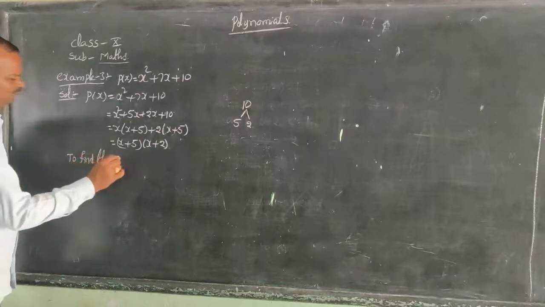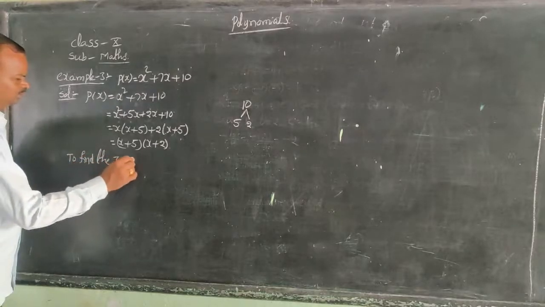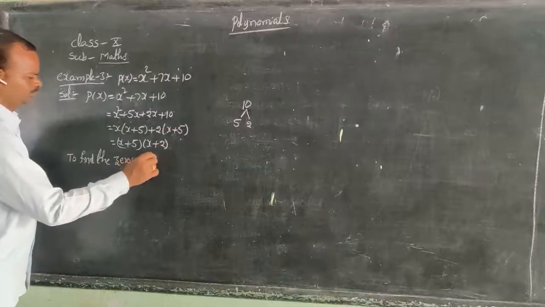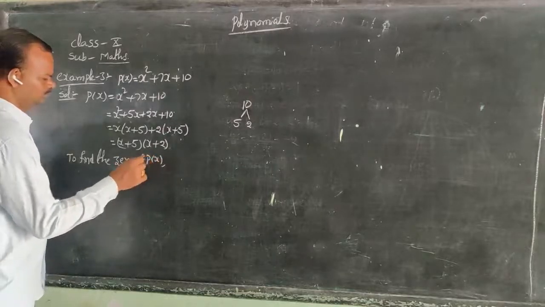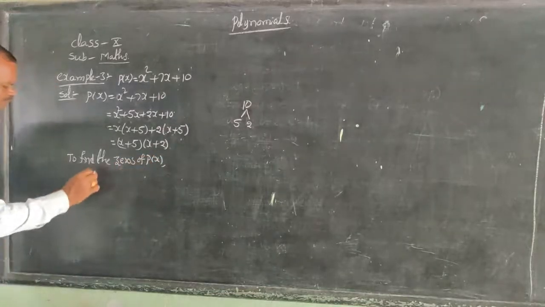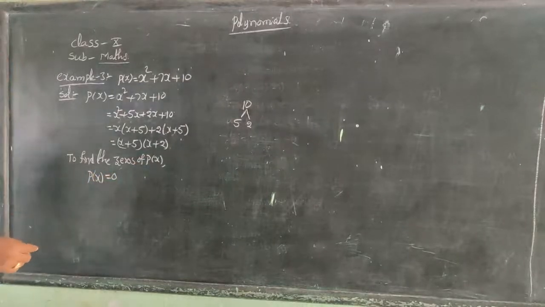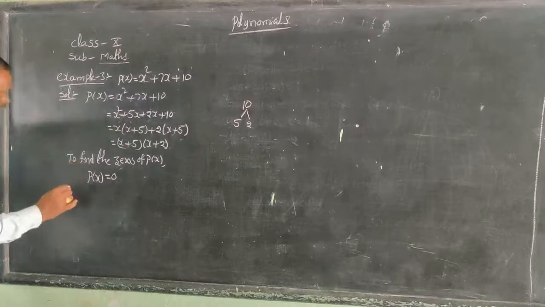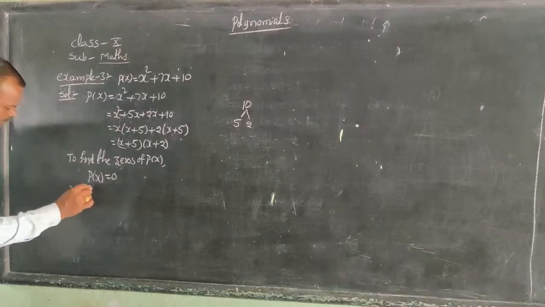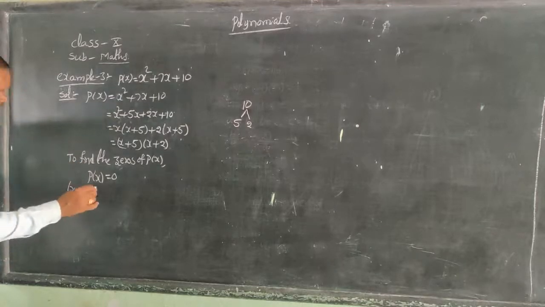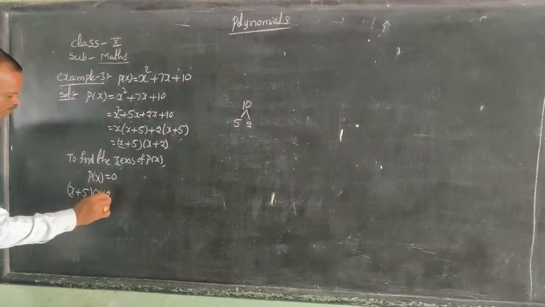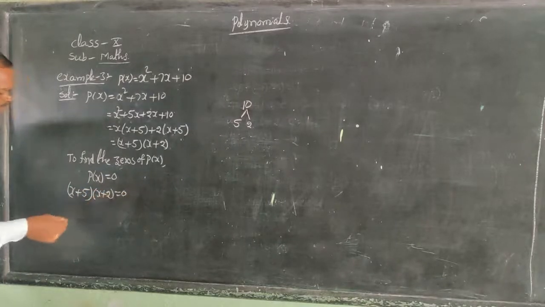So, to find the zeros of P of x, P of x is equal to 0. That means x plus 5 into x plus 2 is equal to 0.